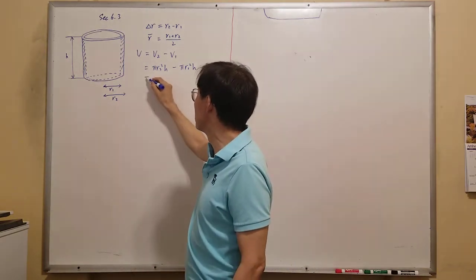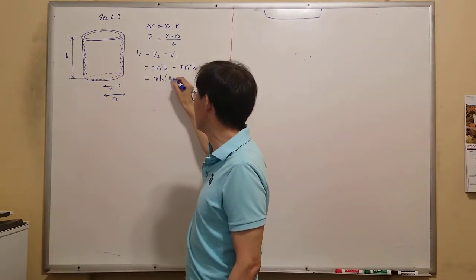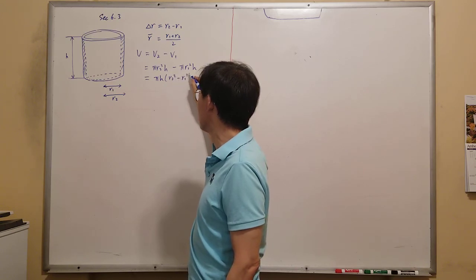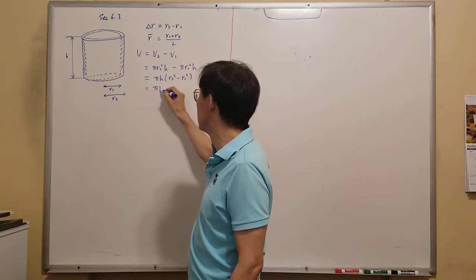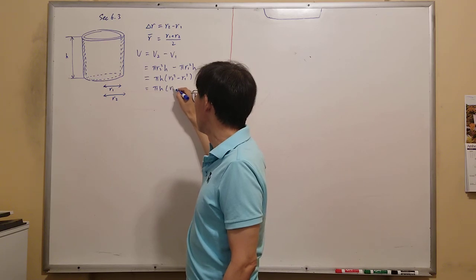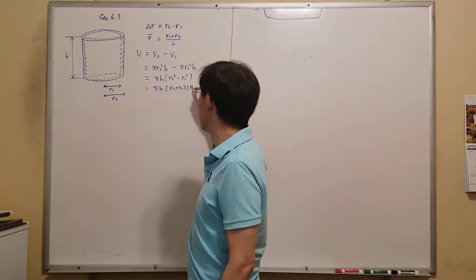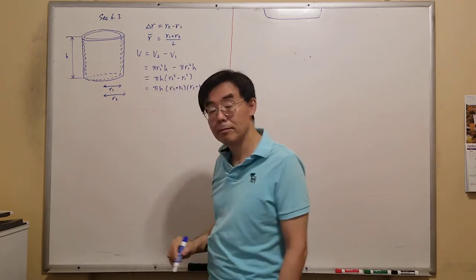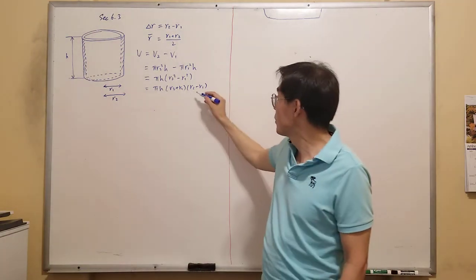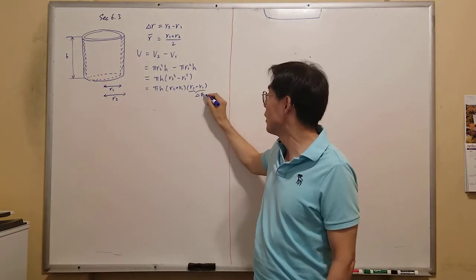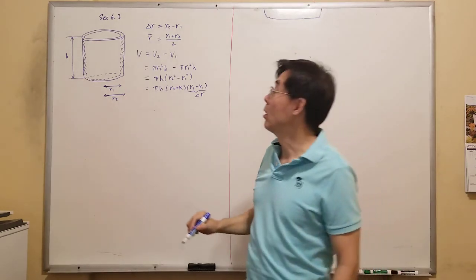Now if you factor out pi H, this is R2 squared minus R1 squared. You can write it as R2 plus R1 times R2 minus R1. First of all, this is delta R, the thickness of the cylindrical wall.